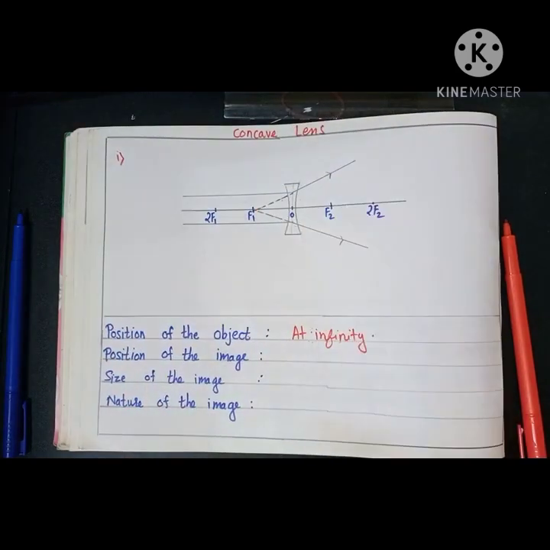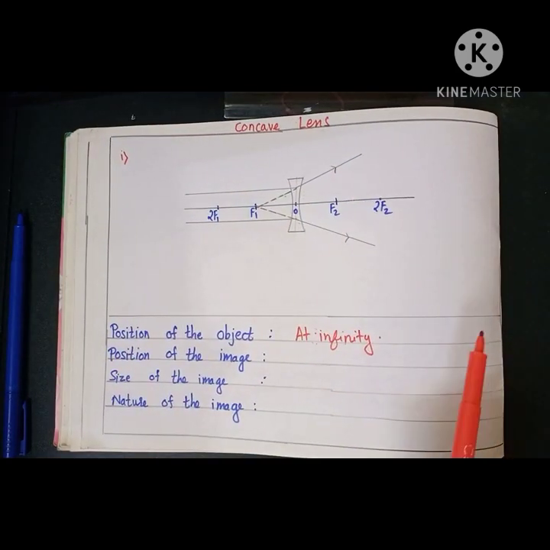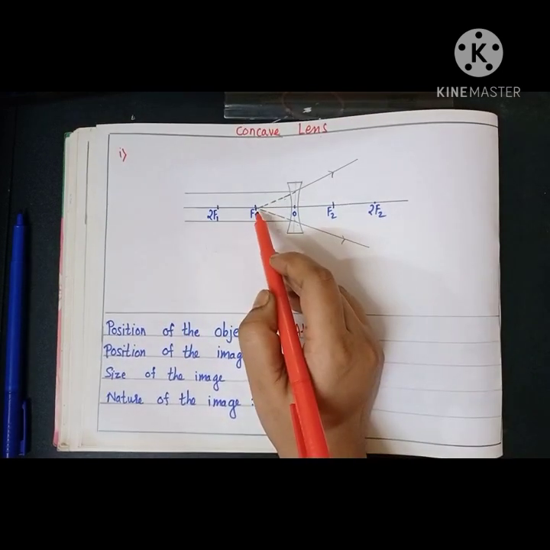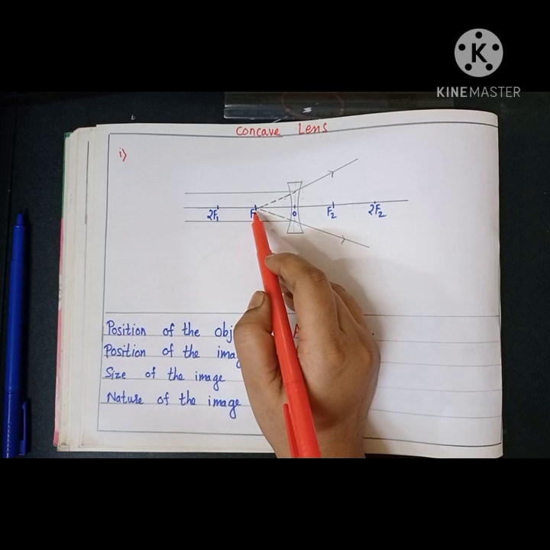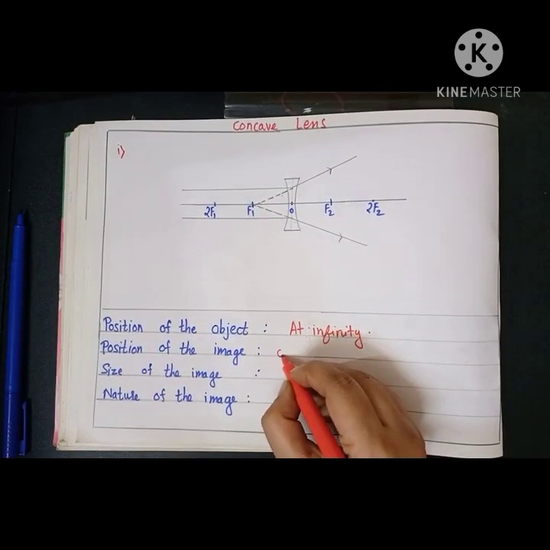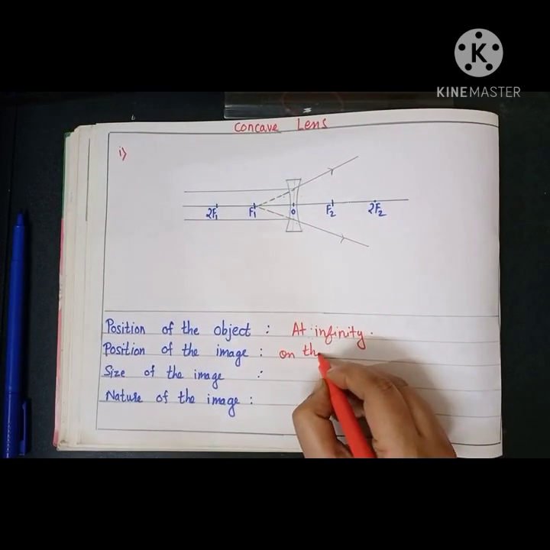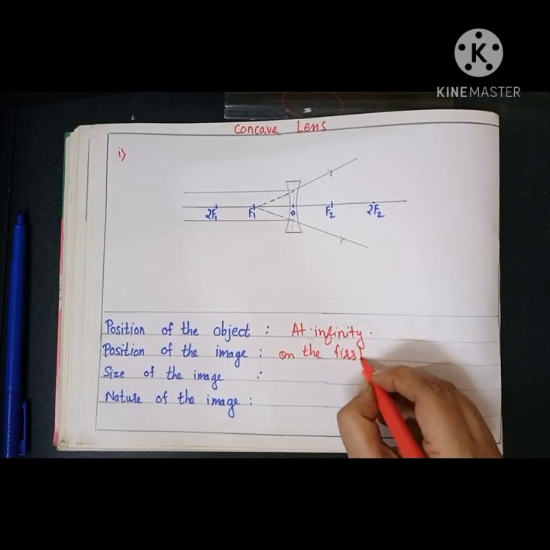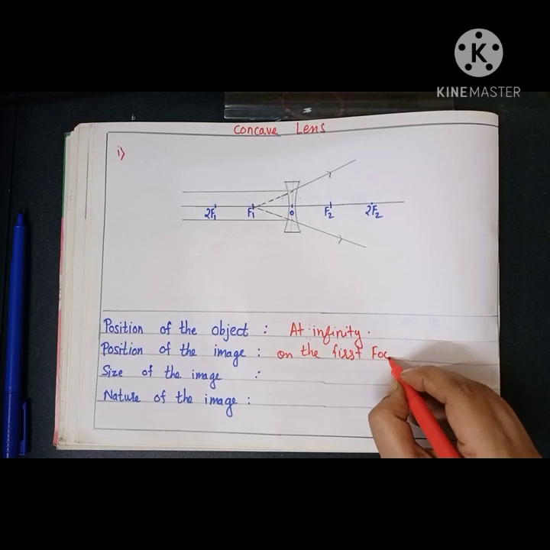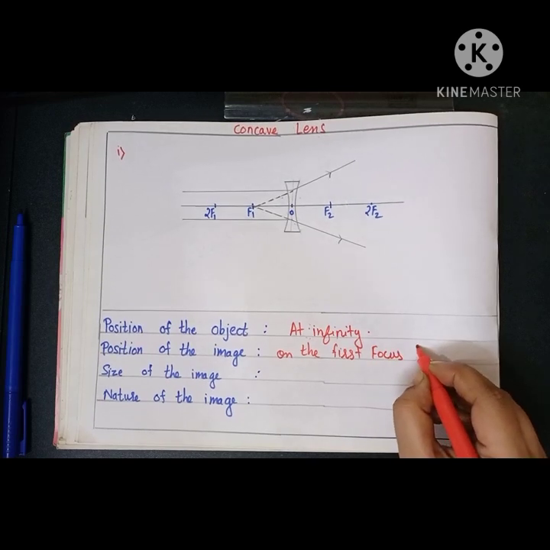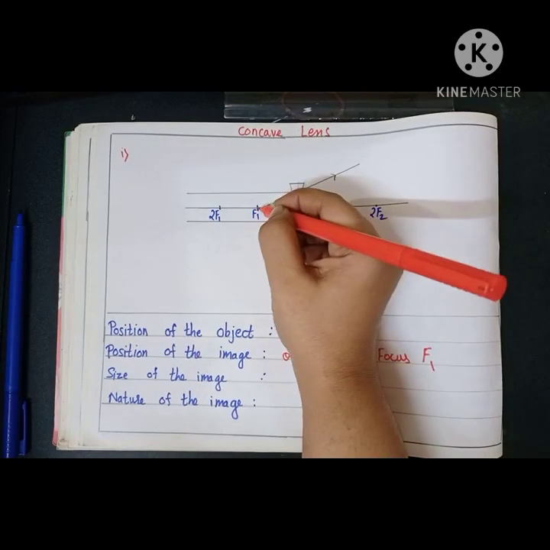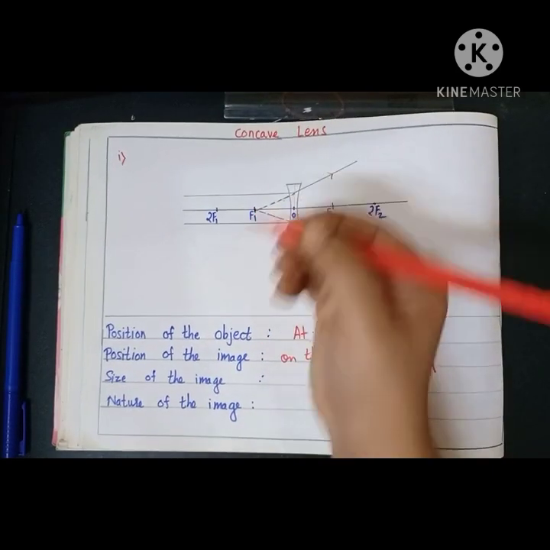So you can say that position of the image is on F1. So you will write on the first focus F1. See, size of the image is point size.